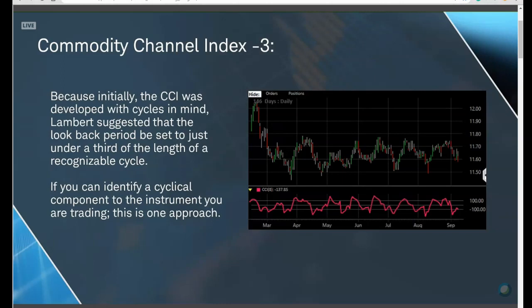What Mr. Lambert says is, if you can identify a cyclical component to what you're trading, which you can't always do, especially for range trading, then you should set the look back period to a third of the cyclicality that you are witnessing. So for instance, on this chart, I said it was making a low about every 24 days. So I set the look back period, you can see there, at 8, and it was pretty good at picking the inflection points. So that is one way to set a look back period.